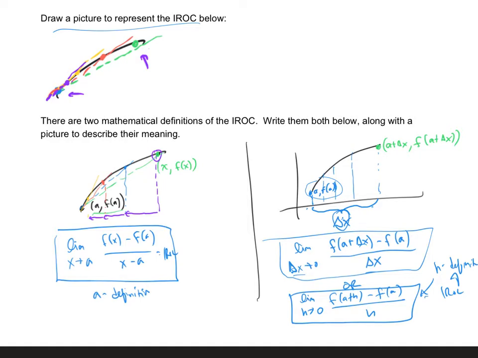Well, while the ARC is the slope of a secant line, a line which passes through the graph at 2 points, the IRC is the slope of a tangent line, which touches the graph at a point. So if I did the slope of a tangent line, that is the IRC. And that's what we're going to be finding using these definitions. So in the next video, I will walk you through some examples of that.